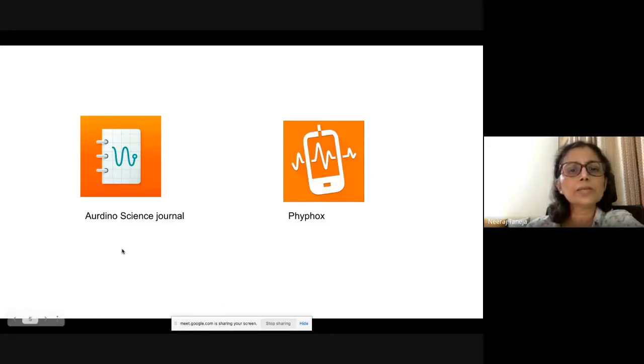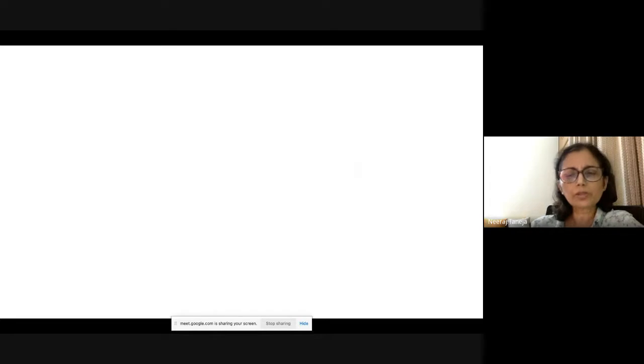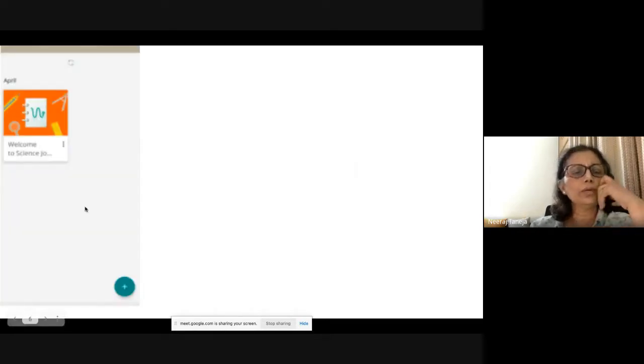But Arduino Science Journal and phyphox have a number of sensors clubbed together, and they are very simple to use, and we can perform a number of experiments using the sensors in a particular application only. So you can download this, and we can move ahead to perform some basic experiments using first Arduino Science Journal and then phyphox.